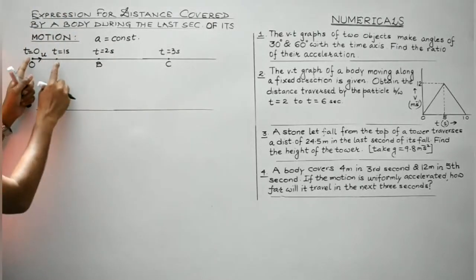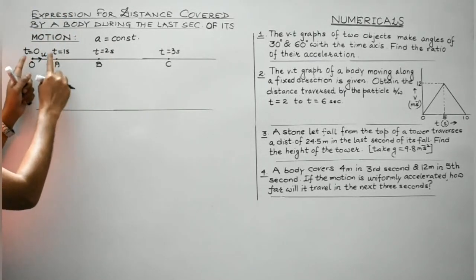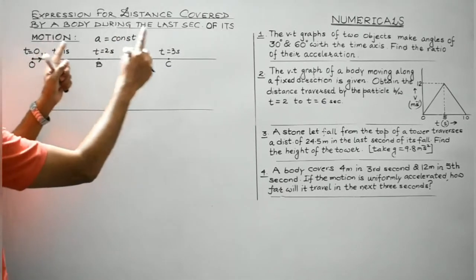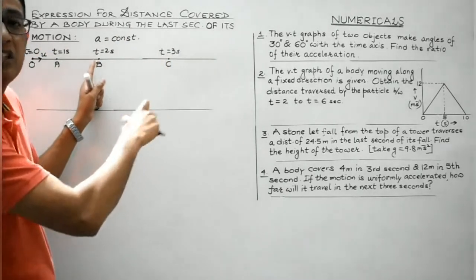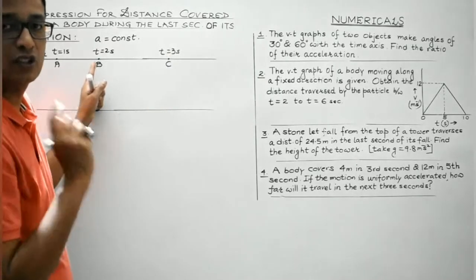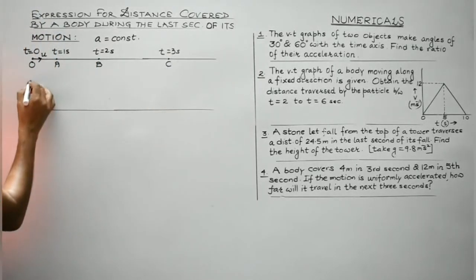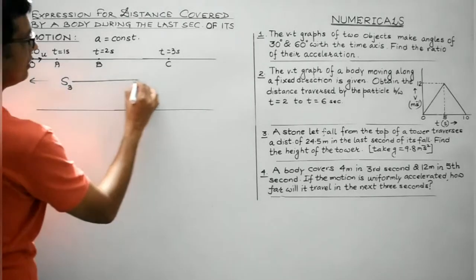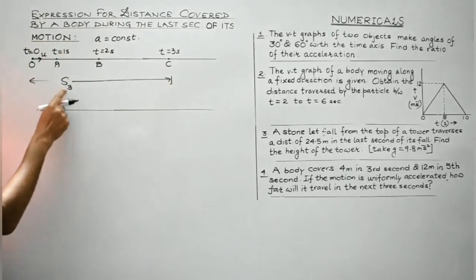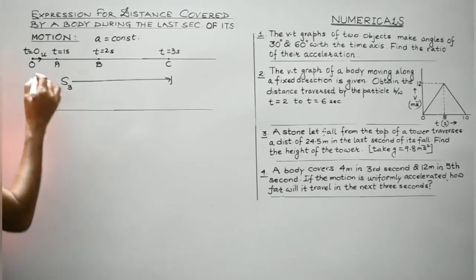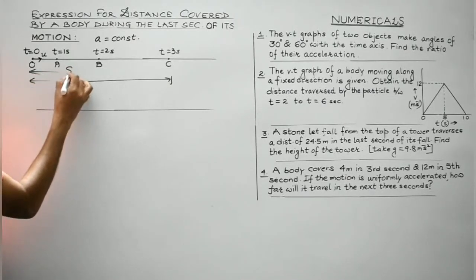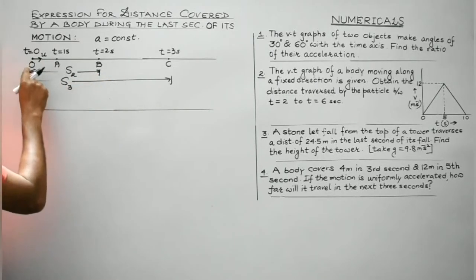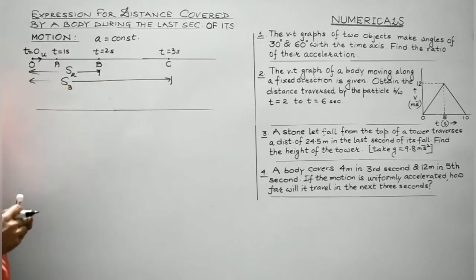So this is the distance covered by the body during the first second, this is the distance covered by the body during the second second, and this is the distance covered by the body during the third second. Understood? So suppose S3 is the distance covered by the body during 3 seconds. This is S2. It is the distance covered by the body from point O in 2 seconds.